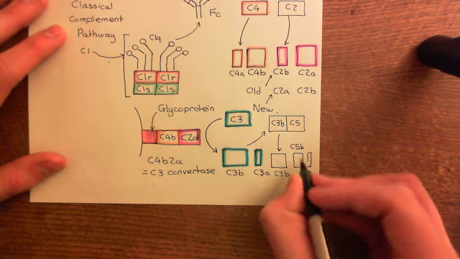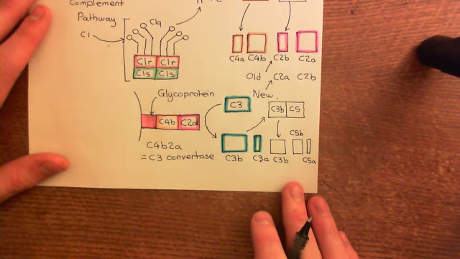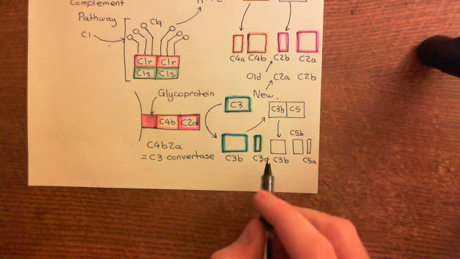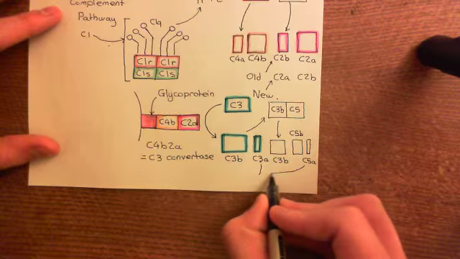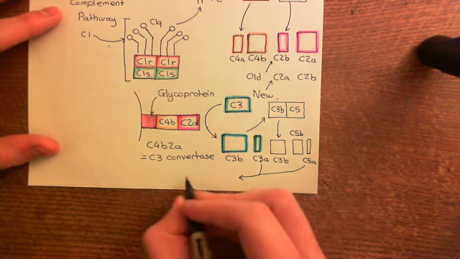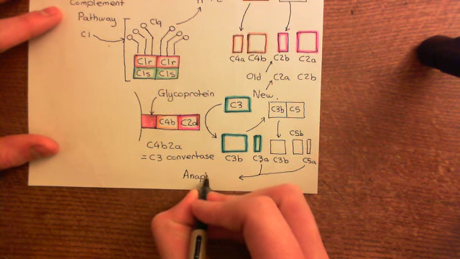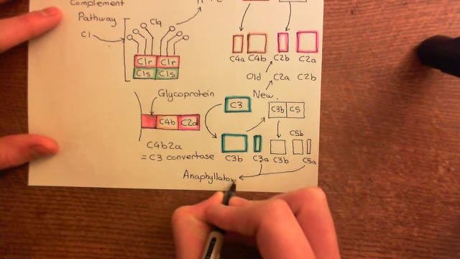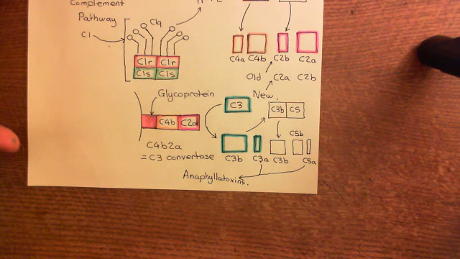Okay, now we won't take this any further. This does go further. The story doesn't stop there. You can start to assemble membrane attack complexes, but we've gone far enough, basically. C3a and C5a is what we were after. These are what are known as anaphylatoxins, and both of them have receptors on the surface of mast cells, which can activate mast cells.